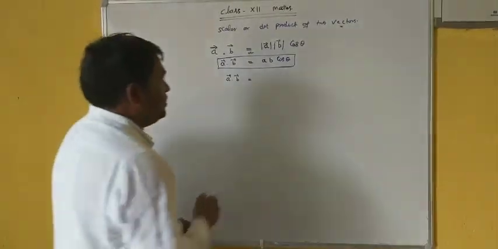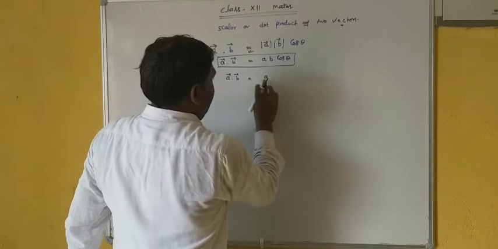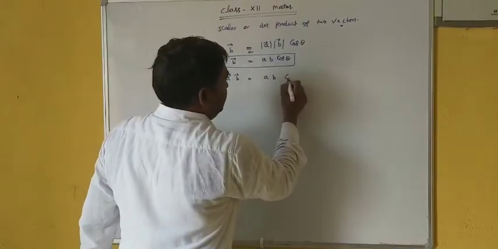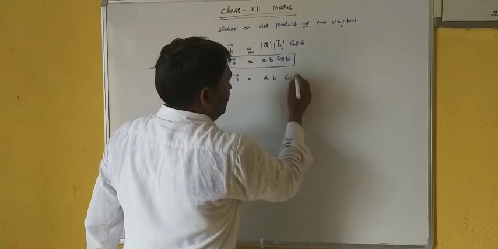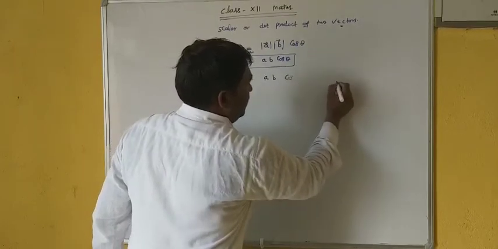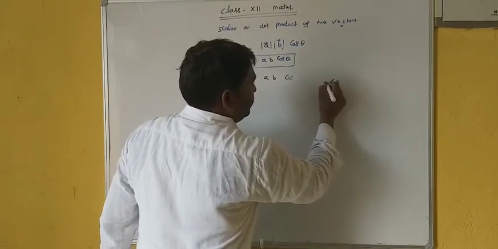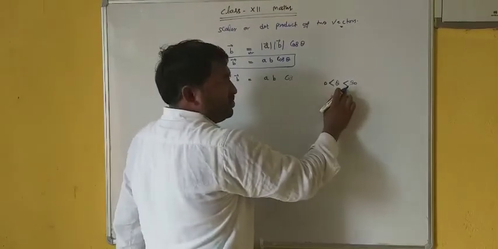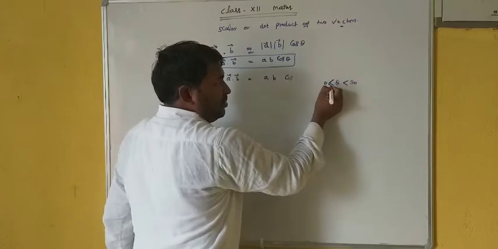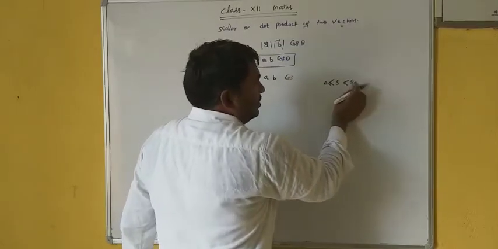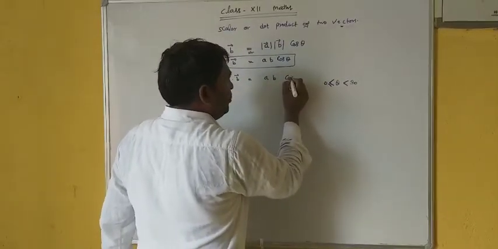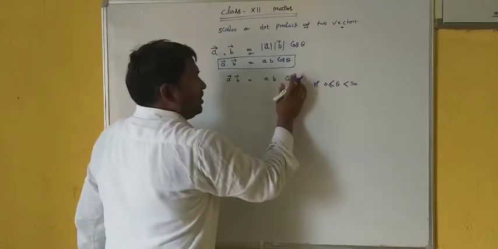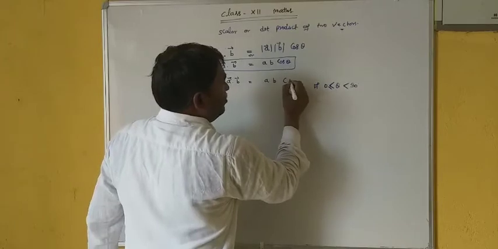If A and B both are positive, then AB cos theta is positive, if theta is greater than or equal to 0 and less than 90. If theta belongs to this range, then cos theta will be positive.